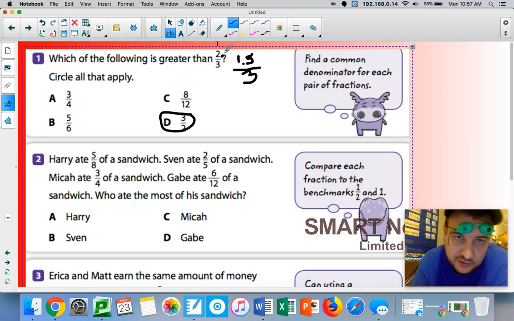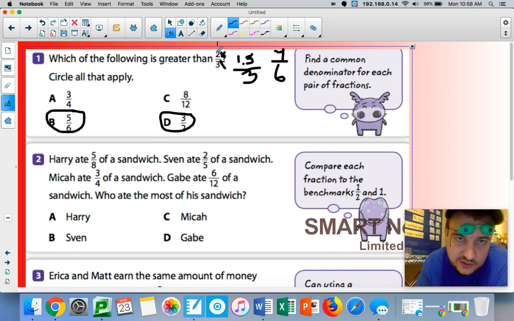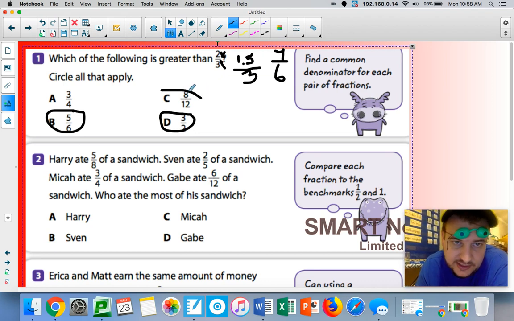If I multiply both times 2, I get 6 as the denominator. 4/6. So that means 5/6 is bigger. All right, I want 12ths on bottom. So times 4. 4 times 2 would be 8. This is not greater. It's equal.